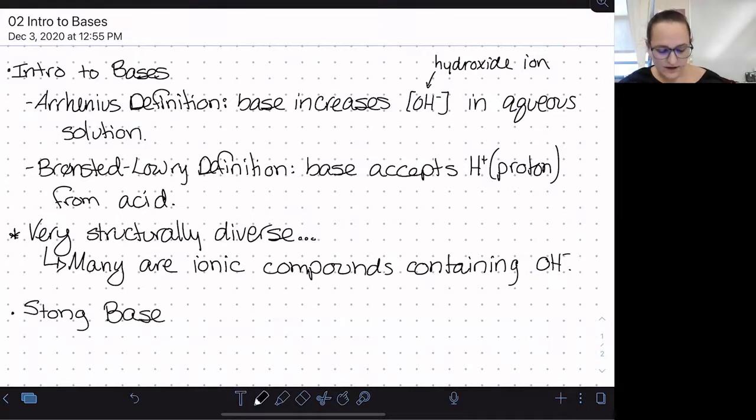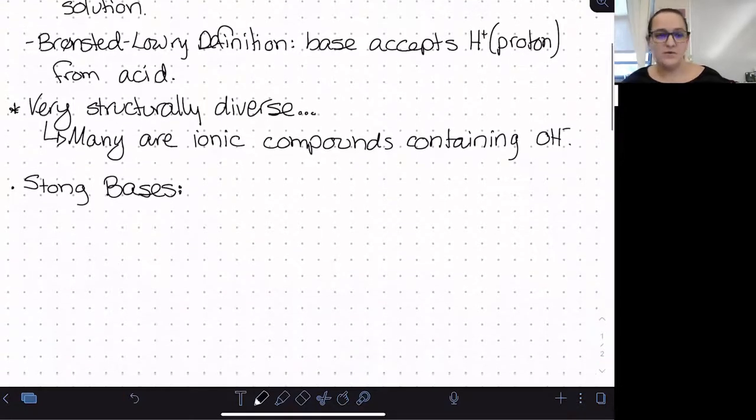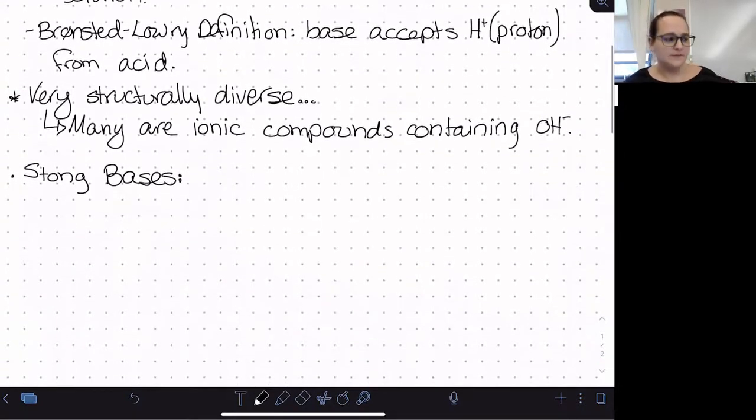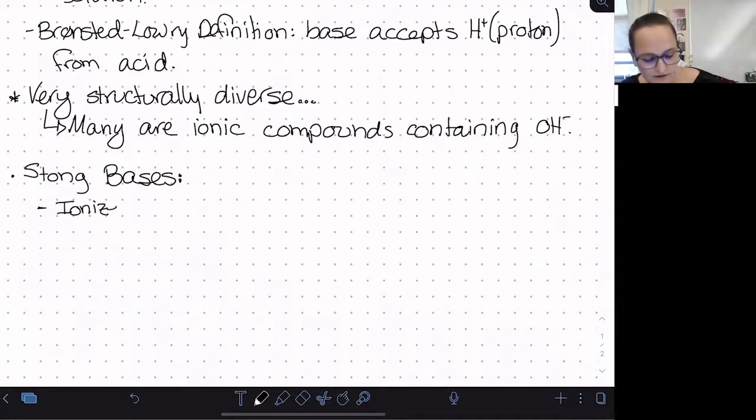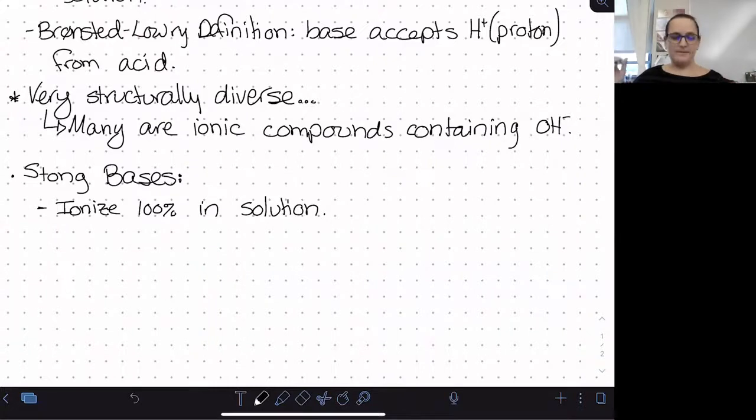once again, there's kind of a short list for anything strong, and then if it's not strong, it's weak. Same mentality kind of applies to bases as it did for acids. Once again, these are things that ionize completely, that every molecule, every unit of base in a solution exists in its ionized form.